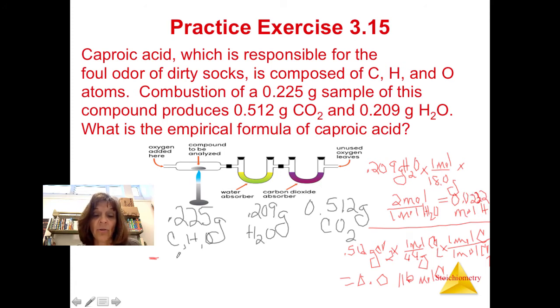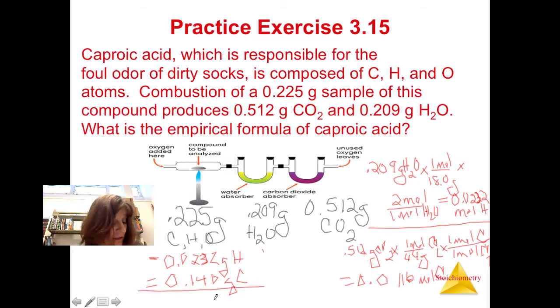I'm not going to show this work, but you can trust me that I changed the 0.0232 moles of hydrogen to grams, and that one's easy enough, 0.0232 grams of hydrogen. And I changed the carbon to grams, and that is 0.140 grams of carbon, which leaves you with, please check my math, 0.063 grams of oxygen.